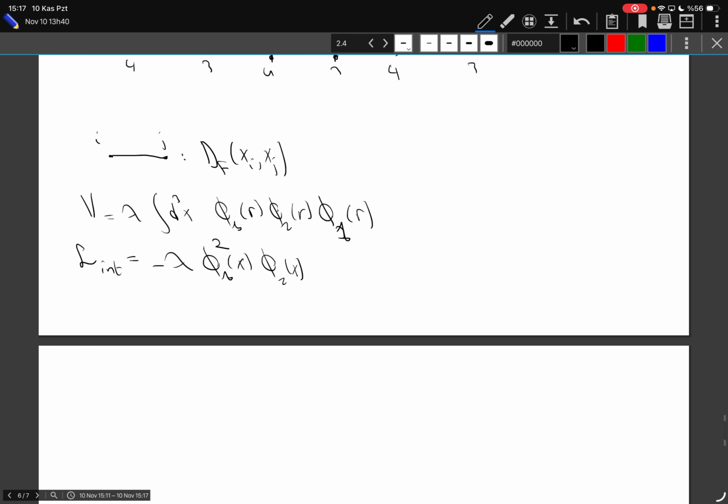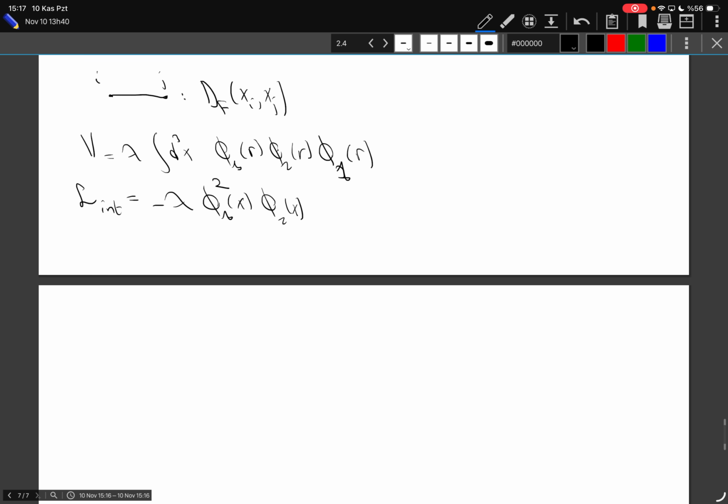Now, to calculate the scattering, we need to calculate this matrix element. If we can calculate this one, then we know how to calculate the S matrix element using the LSZ reduction formula.